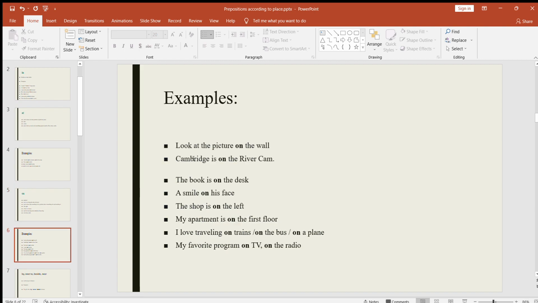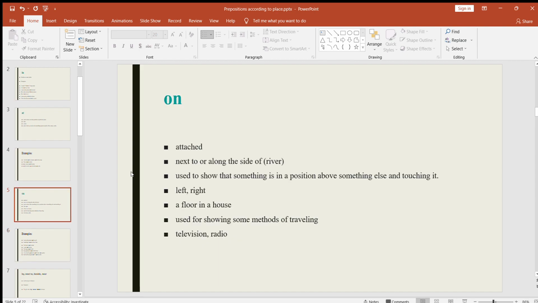For example, Cambridge is on the river Cam. You may say there is a house on the Indus River, on the brink of the Indus River, whatever you want to say.